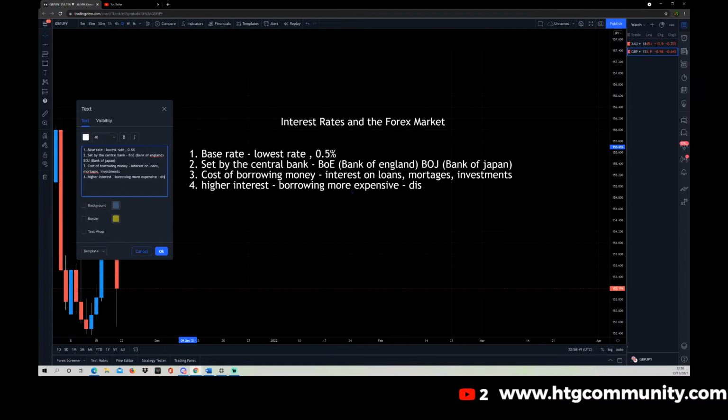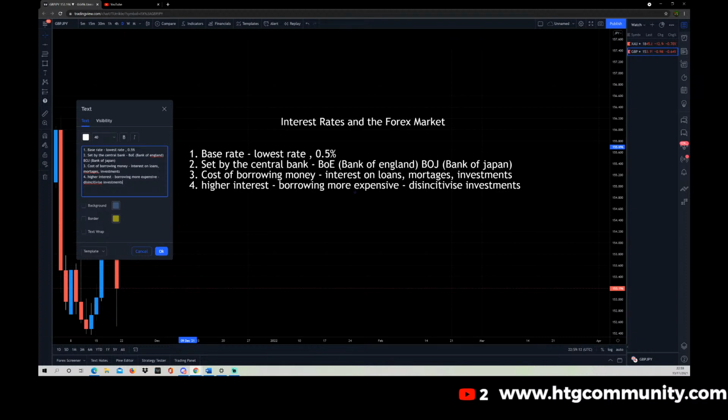And obviously a lot of investments are debt related, or borrowed money, right? So like we said, borrowing more expensive is trying to disincentivize, let's just say, investments.